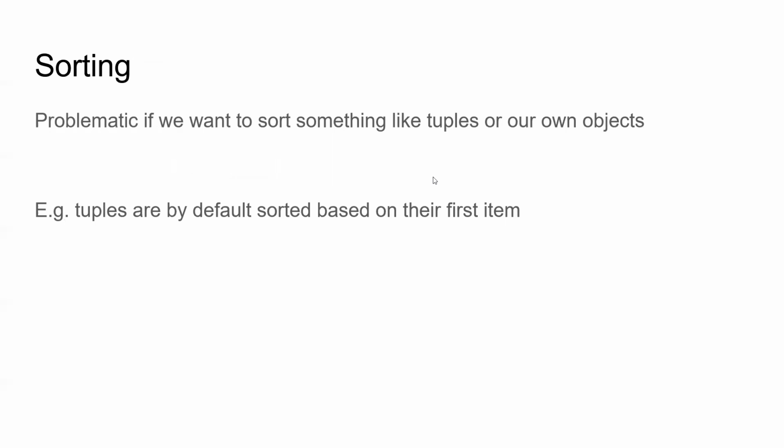So we've been sorting some things already. We know how to sort out a list of numbers, and we know how to sort out a list of strings, for example. And then we talked briefly about sorting our own objects, which is fine if we only want to sort our own objects by a specific criteria.